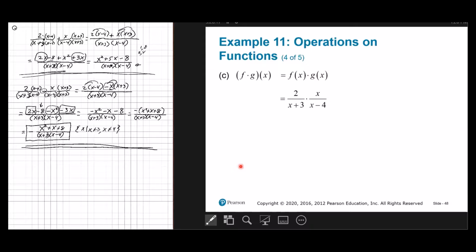You multiply across. Right. It's the easiest thing to do with fractions, multiply them. 2 times x, 2x. X plus 3 times x minus 4 is x plus 3 times x minus 4. We're done.